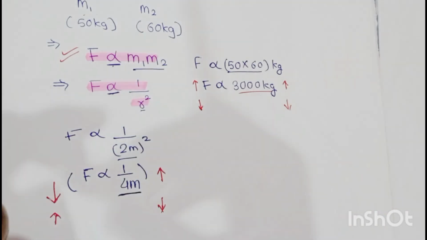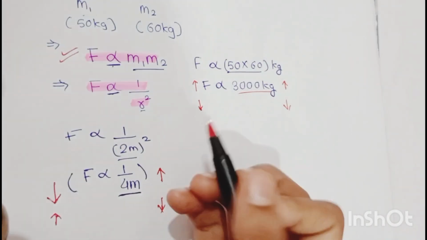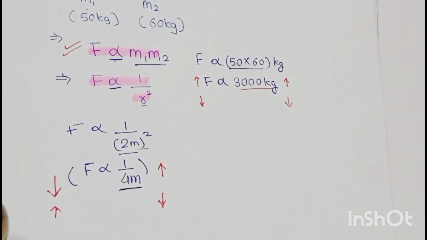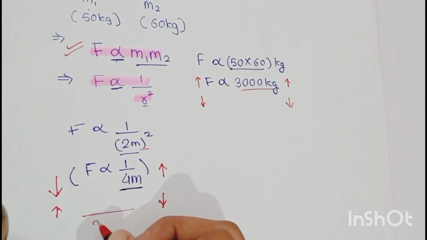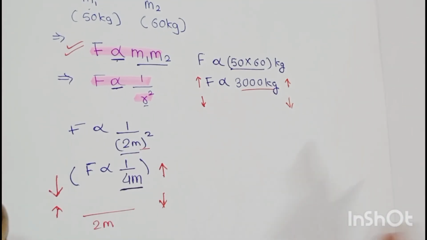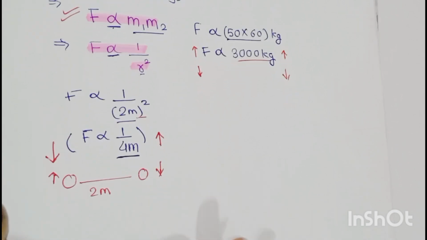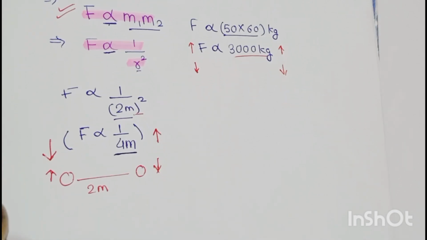Now what is this 4? Why do we have to make it a square? Basically, if the distance is 2 meter, how much is the force decreased between those objects? Understand my point? Here this is one object, this is the other object, and the distance is 2 meter. Now you want to calculate how much force is there.